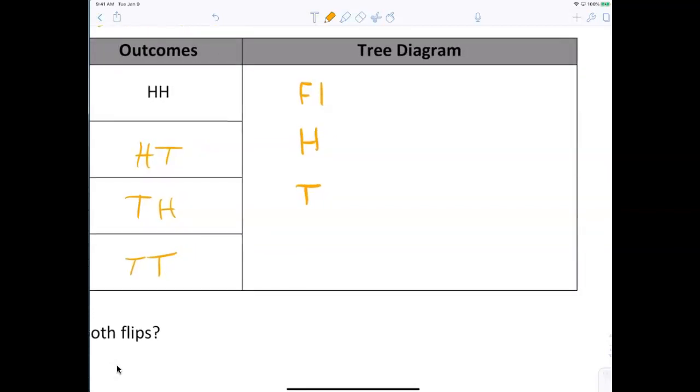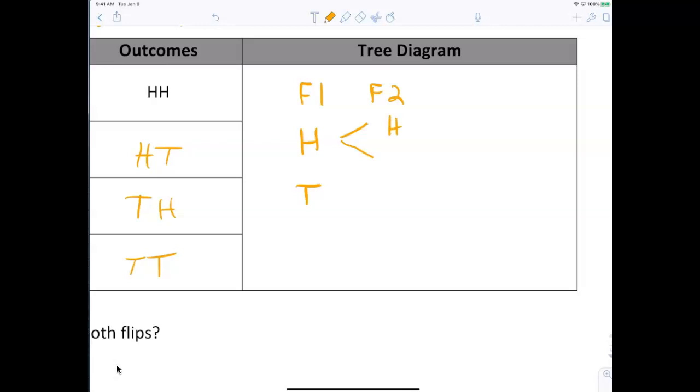Now, flip 1, heads or tails. That's how we're doing the tree diagram. Now, here's where the branches come in. So flip number 2. What can I get on flip number 2? Heads or tails. So watch this.